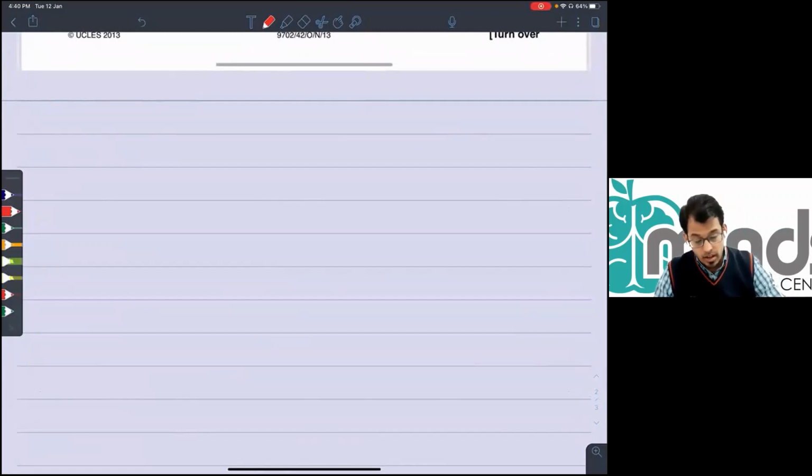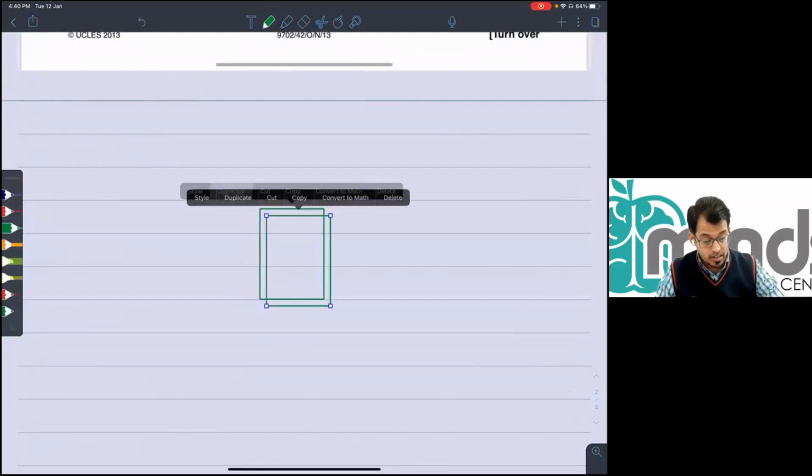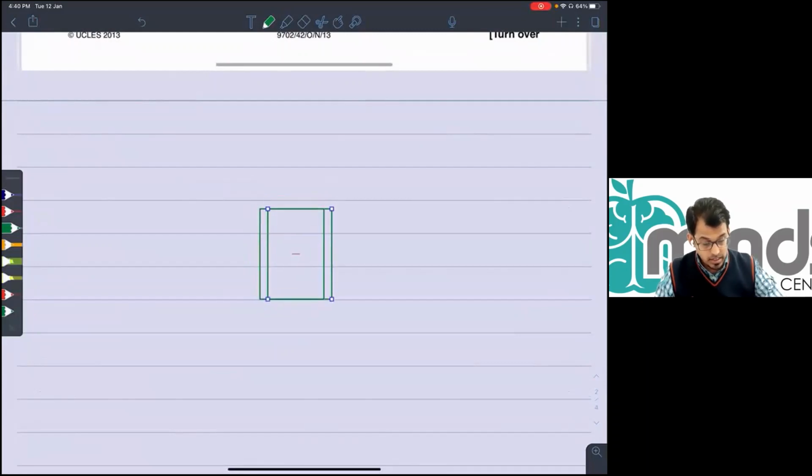Let's say we have a piece of conductor. That piece of conductor could be a metal plate, something like this. Let me draw it first. Let's say we have a piece of metal plate, something like this. Since it is metal, it must be a conductor.